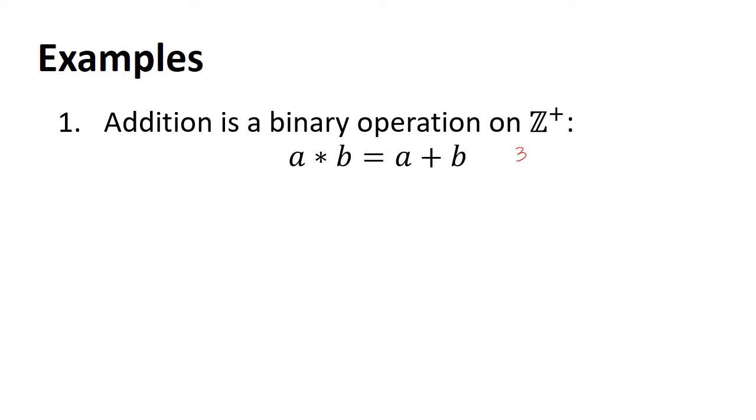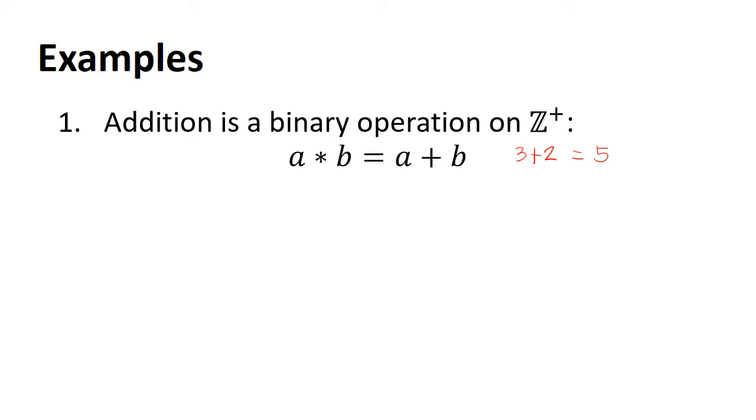For instance, if we have 3 plus 2, 3 is a positive integer, therefore it is an element of the set of positive integers. 2 is also an element of the positive integers. If we evaluate 3 plus 2, we get 5, which is also an element of the set of positive integers.